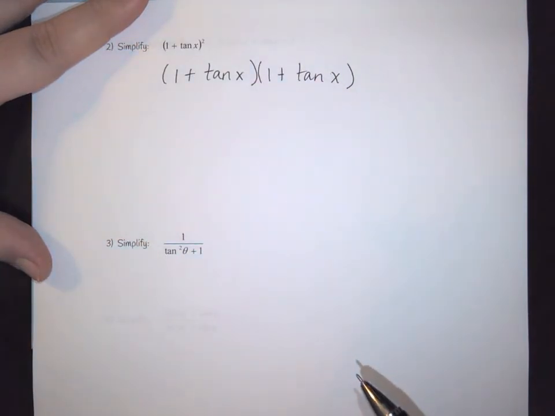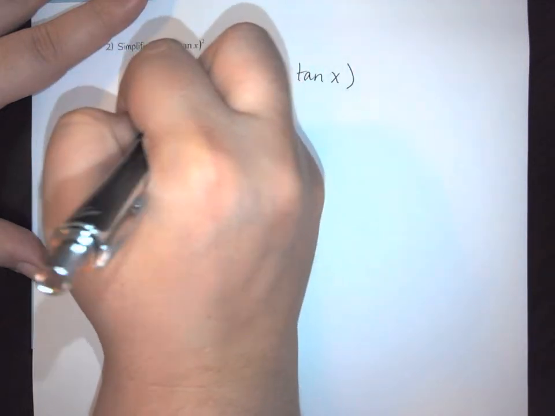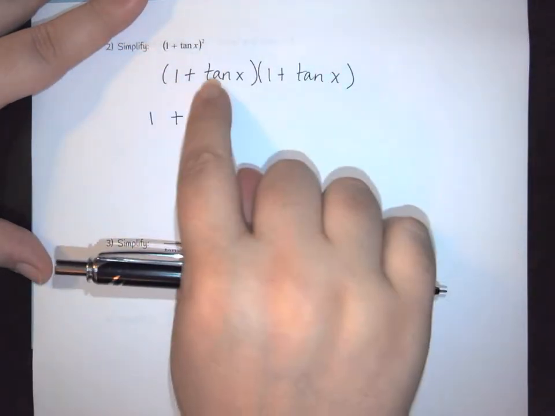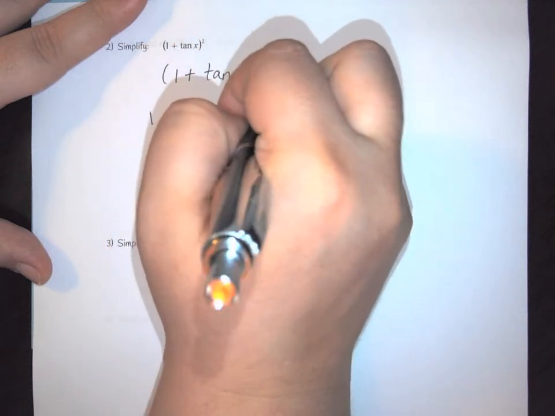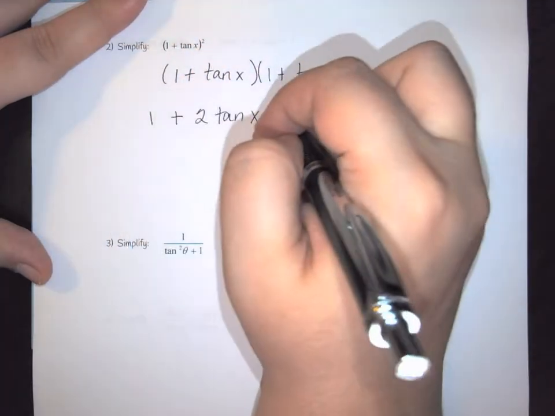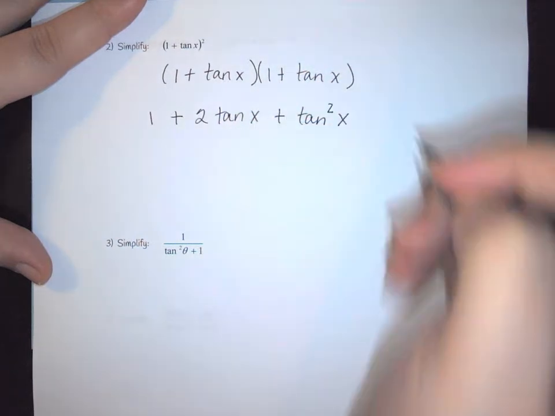So we have to FOIL this out. Remember, FOIL is first, outer, inner, last. So we have 1 times 1 is 1. Then I'm going to have tangent of x plus the tangent of x. So this becomes 2 tangent of x. And then this becomes plus the tangent squared of x.